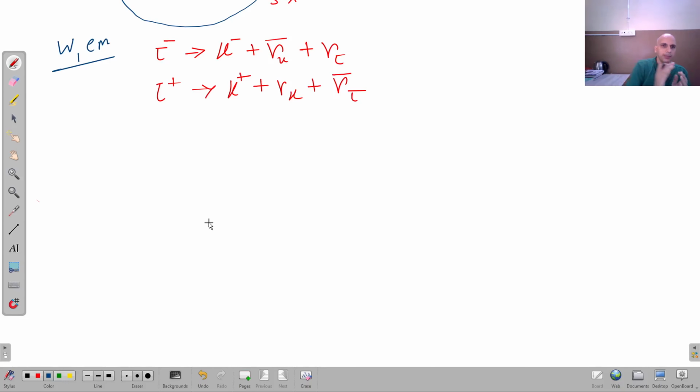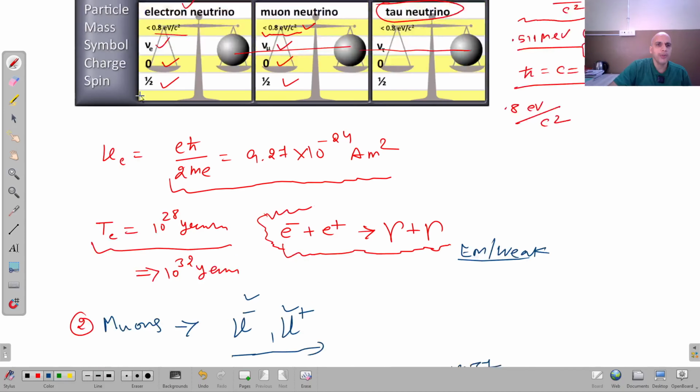Now, these are the properties of the electron, muon and tau particle. As far as neutrinos are concerned, I told you that neutrinos are particles that have a rest mass very small as compared to the mass of the electron.